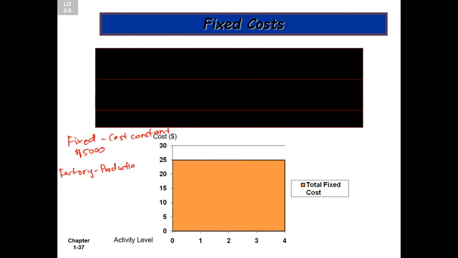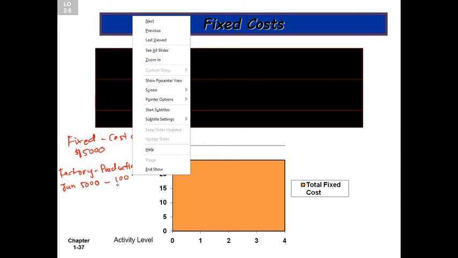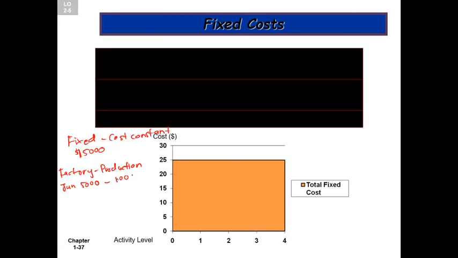In June you pay 5,000 per month for electrical, and your production is 1,000 units.